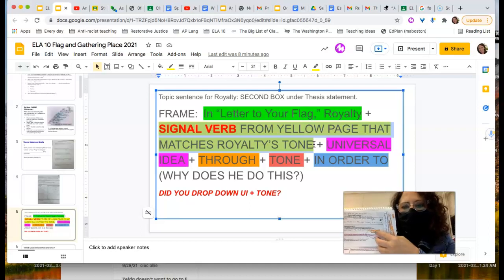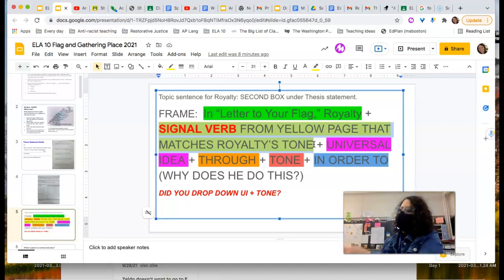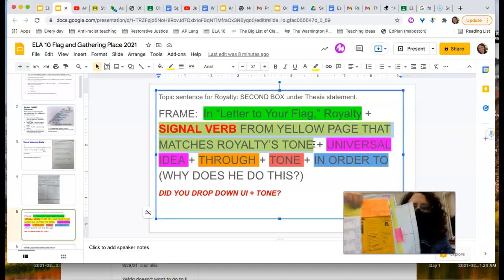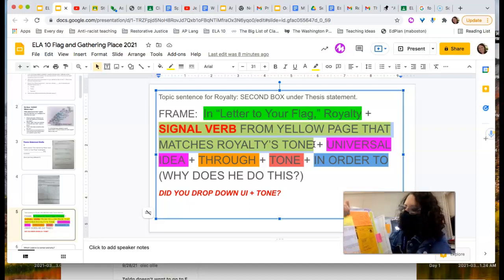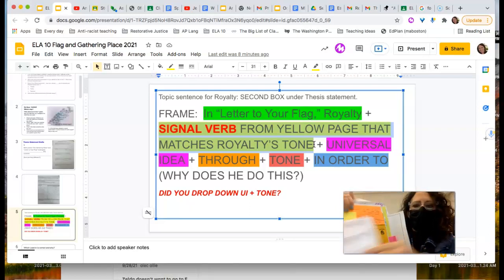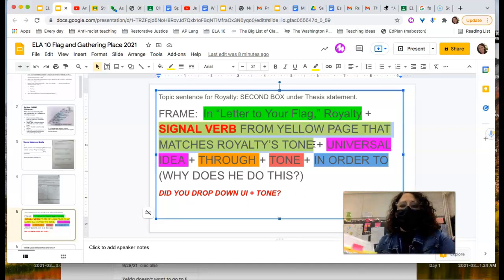And if you're uncertain about universal ideas, go back to page 1 in your notebook for the universal idea list. The student has it well organized. These are just a small sample of universal ideas. A lot of you are going with universal ideas like racism and justice. It should be the same universal idea from the thesis, just drop down and maybe use a synonym.